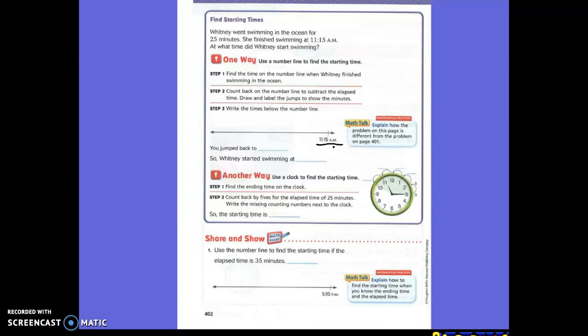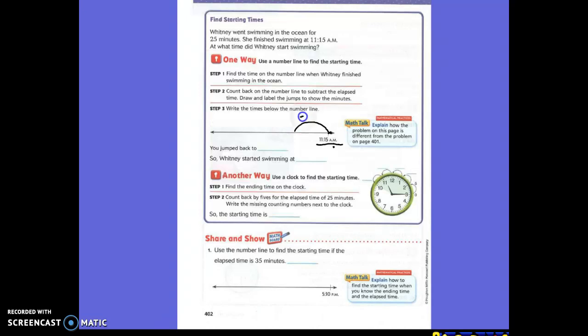Okay, so we have to go backwards, and if you're counting backwards, then you are basically subtracting. Yes, you are subtracting. So when you count back on a number line, you subtract the time. So go from 11:15 backwards. What do you want to subtract by?